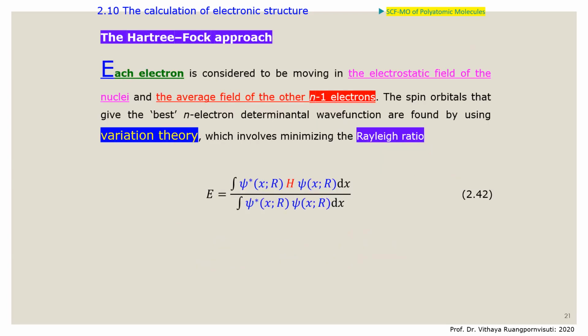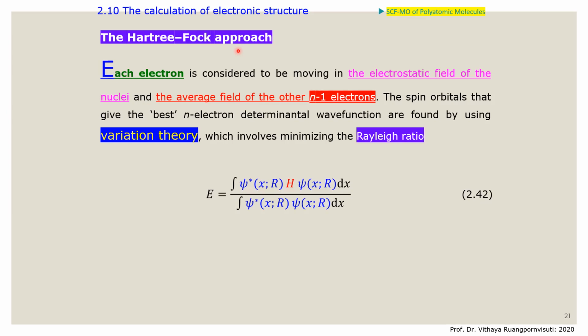To calculate the electronic structure, the Hartree-Fock approach is employed. Each electron is considered to be moving in the electrostatic field of the nuclei and the average field of the other n-1 electrons.